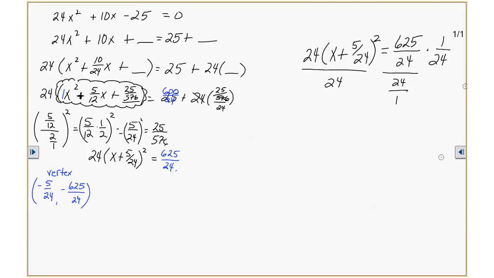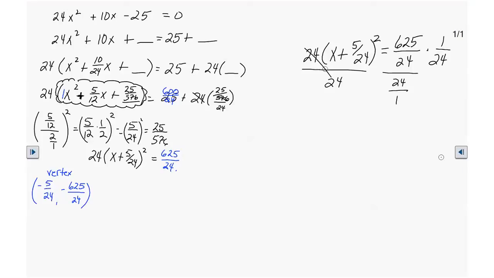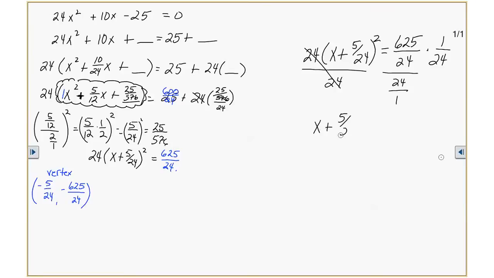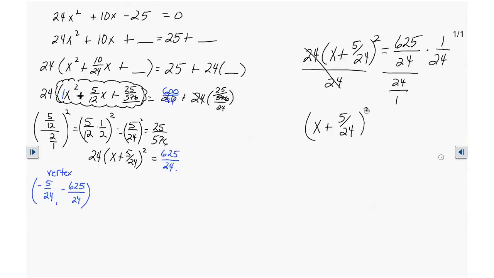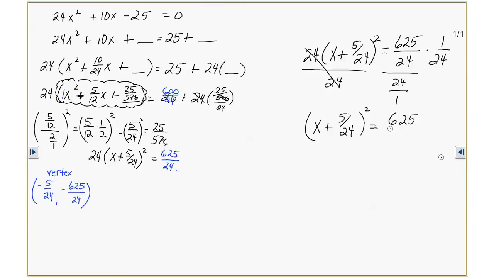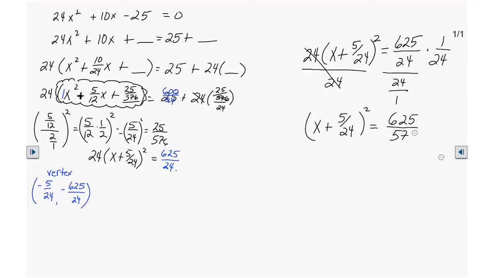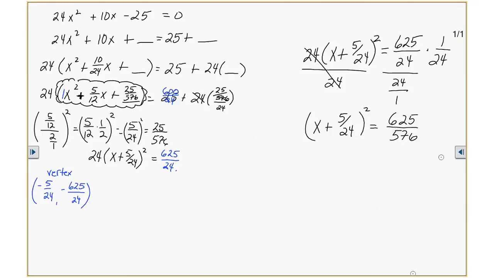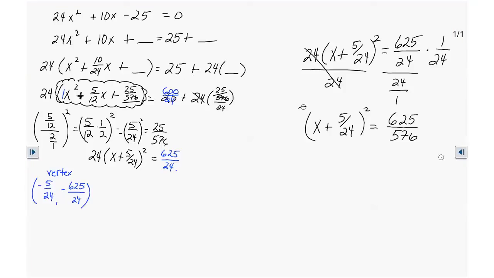There's where I multiply 24 by. I knew I did it somewhere. And that'll give us (x plus 5 over 24) squared is equal to 625 over what? 576. That's right, class. Now take the square root of both sides.